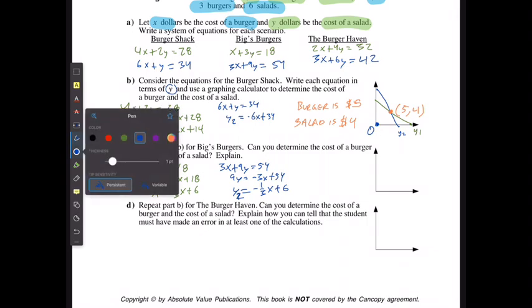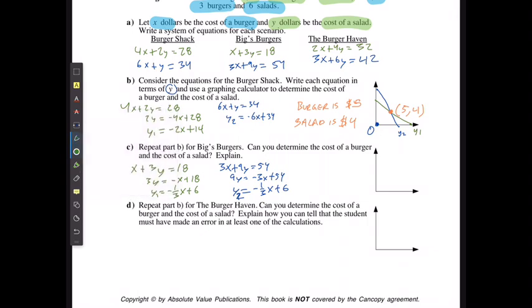I graph them out on my calculator. Well, y1 is going to look like this, and y2 is going to look like this. And then I see that they're equivalent equations. So can I determine the cost of a burger and a salad?